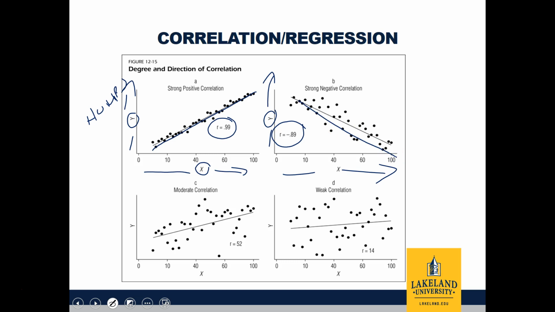But the higher the number basically means that your data are more representative of a line. So as you get closer to 1 or -1, it means that your data are very, very strongly correlated in a way where they start to look like a line when we plot them out.